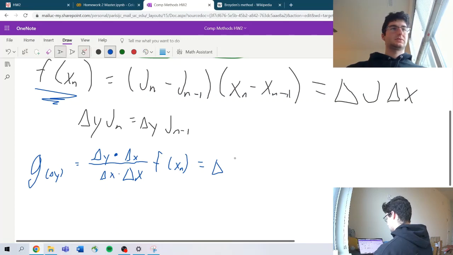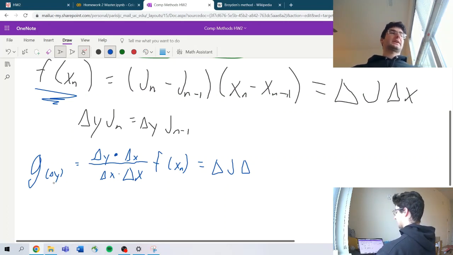In this case, since the variable we're looking at is y here, this x actually becomes a j_y.